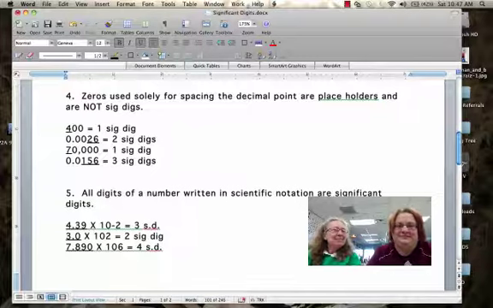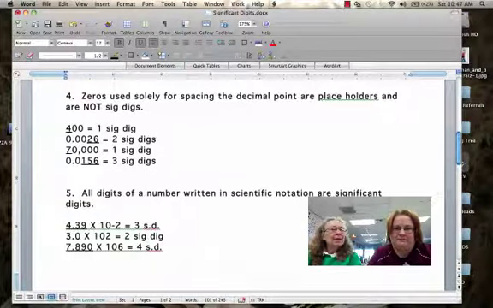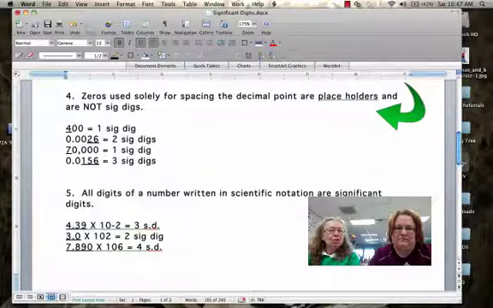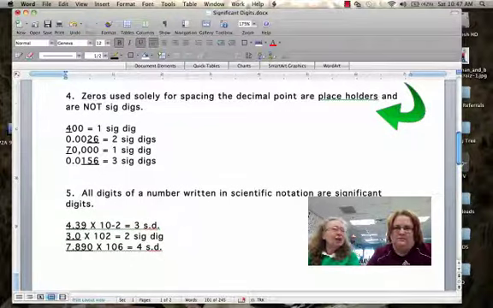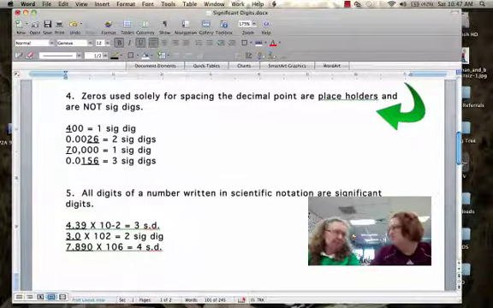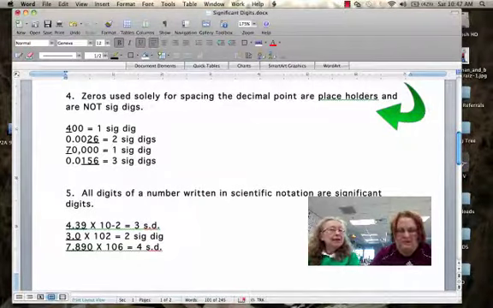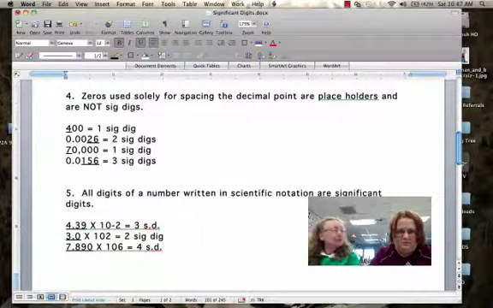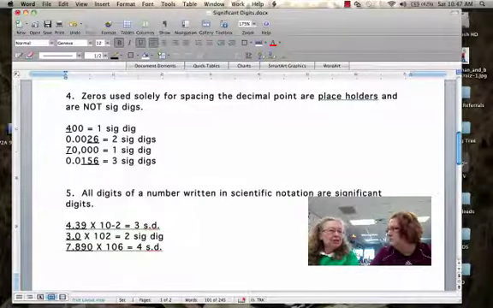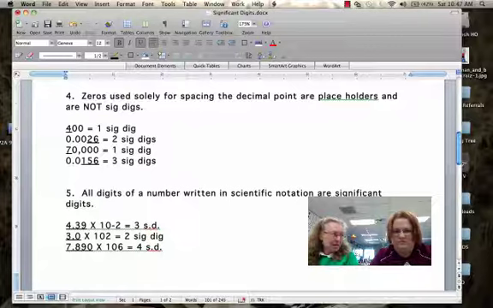Now, the next rule for zeros: when you have zeros that are only placed there because they show us where the decimal point goes, they are called placeholders, and placeholders, although they are vitally important, are not Sig Digs. For example, if you have a measurement like 400, that means that the measurement was made to the nearest 100.